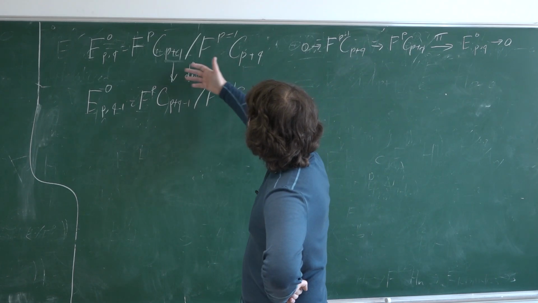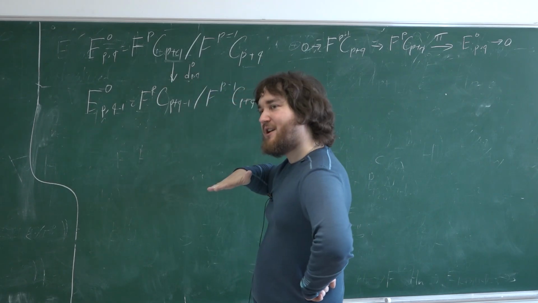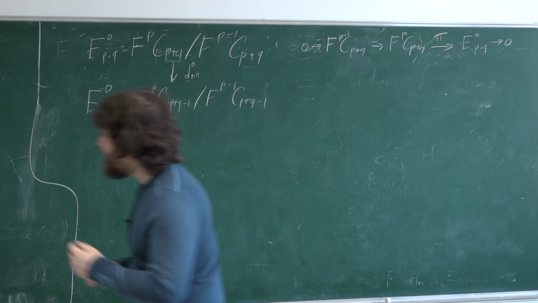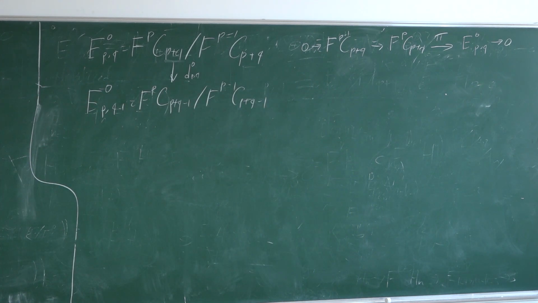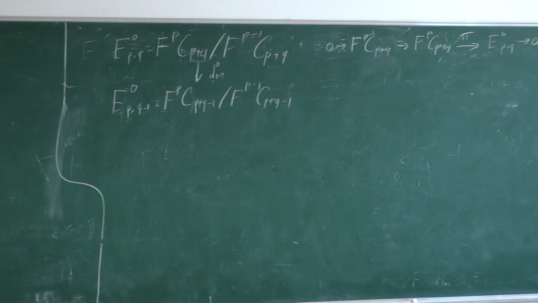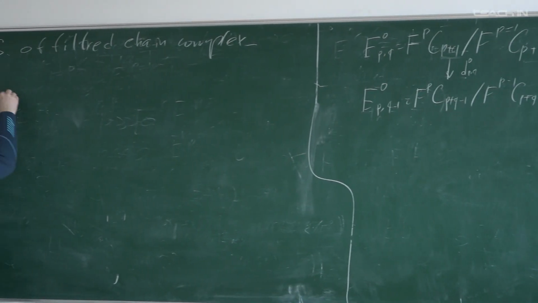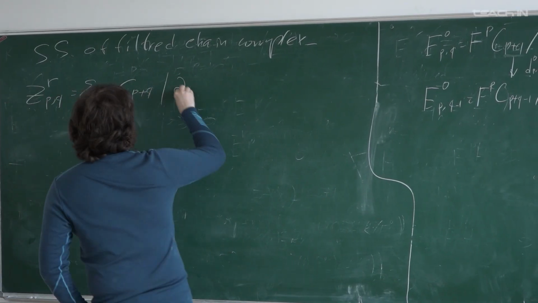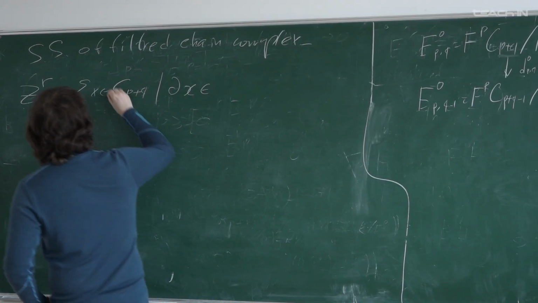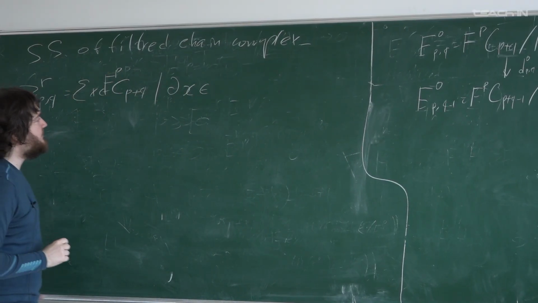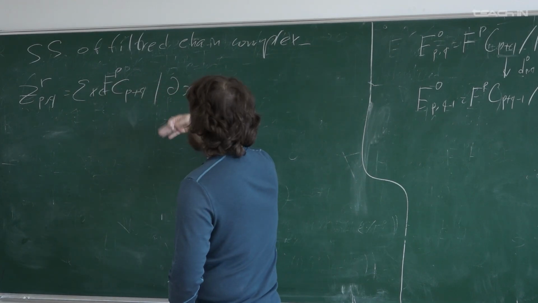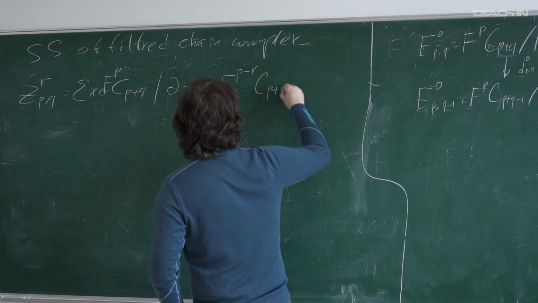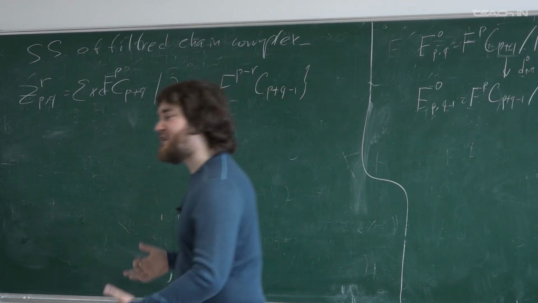But here I obtain only such elements which go one filtration below. I can generalize this observation and consider such a submodule: the r-approximation for cycles. It's just elements from F_p C_{p+q} which go under the differential of C to the (p-r) filtration.